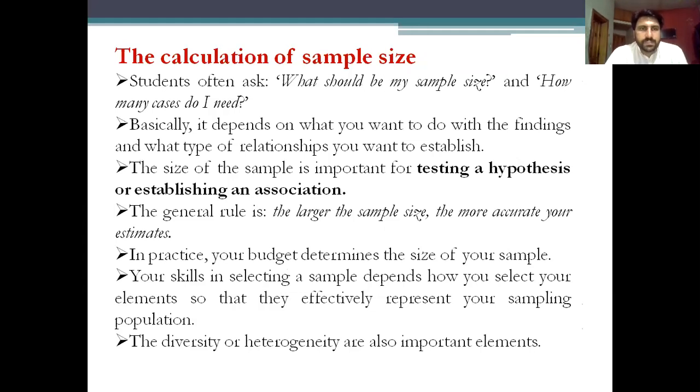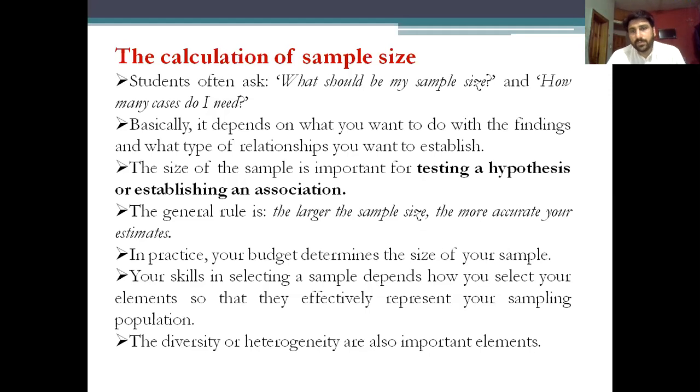A very important question related to each of the sampling designs is the calculation of the sample size, because students during their research often ask what the sample size should be, how many cases do I need, and how many should be taken. That is always a very important question. Basically, the sample size depends on what you want to do with the findings and what type of relationship you want to establish.